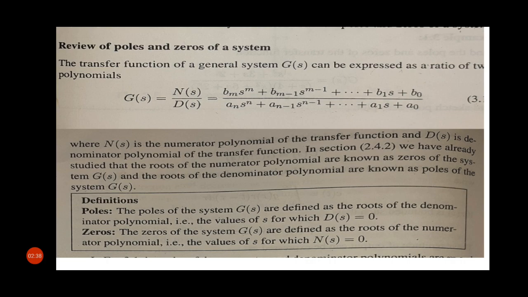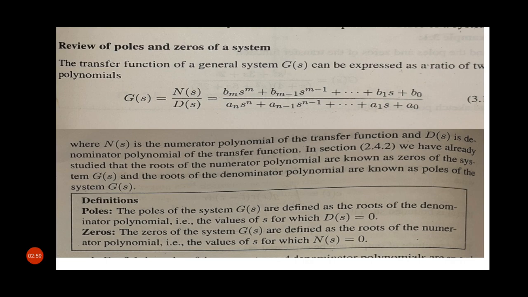That is, the system has m zeros and n poles. The poles and zeros of a system may be real or complex. If they are complex, they occur in conjugate pairs.